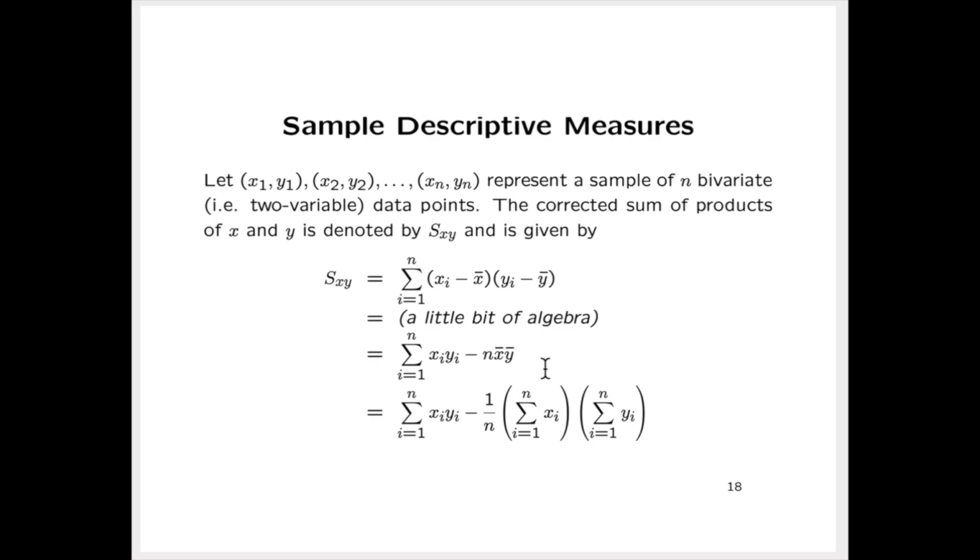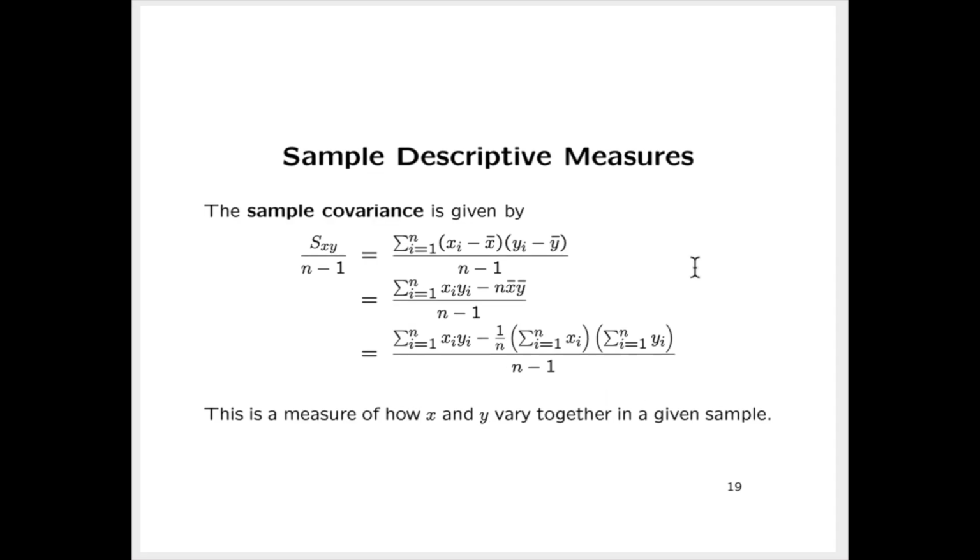For example, if you're given the sum of the x's times the y's, as well as the mean of x and the mean of y, then you could use this formula very easily. On the other hand, if you're given the sum of the x's, the sum of the y's, and the sum of the x's times the y's, then it would be more straightforward to use this last formula. So depending upon what information you have, you'll pick the formula to calculate this corrected sum of products.